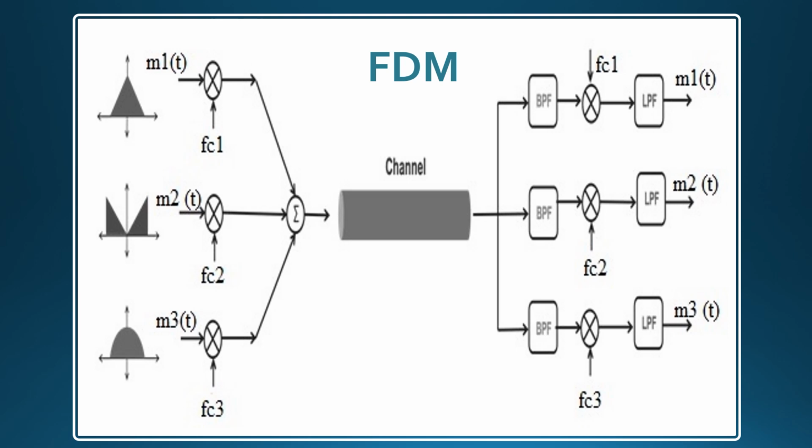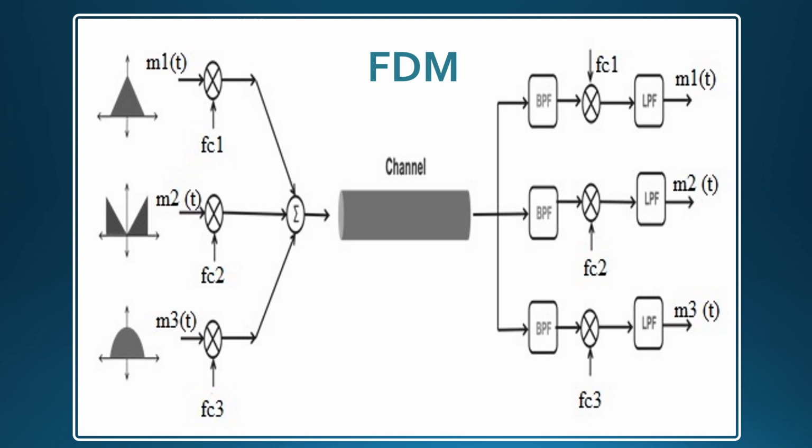Let's assume these on the left side are three devices which are emitting signals at different frequencies. Let the frequency of the first device be FC1, the second device FC2, and the third device FC3. These devices are emitting signals at these frequencies.